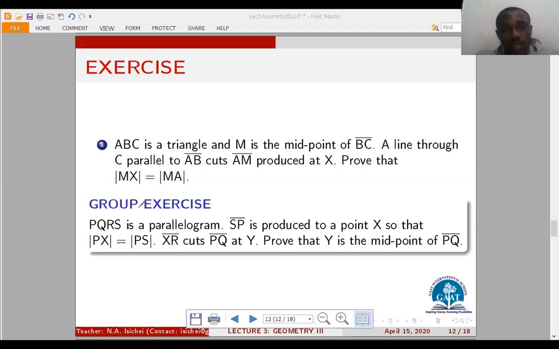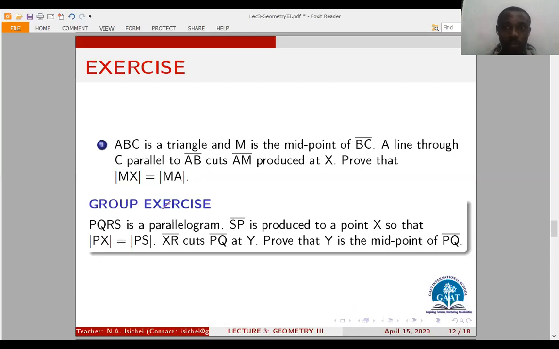Then for the group exercise, you have to submit this before the end of the class today, the end of the lesson. For the group exercise, like I said earlier, I'm going to group you, and you all know the group you belong to. You solve as a group and submit. I'm going to create a Zoom meeting where you explain your solutions.